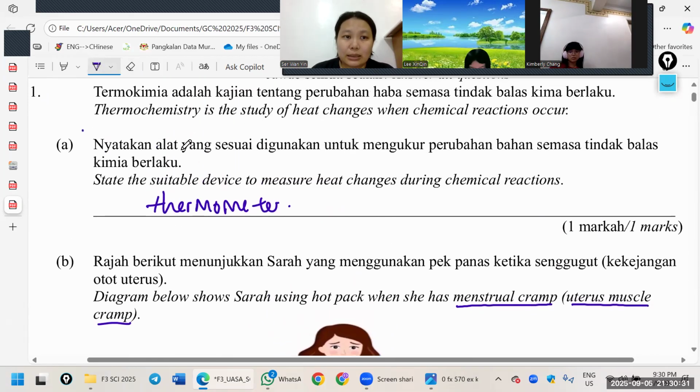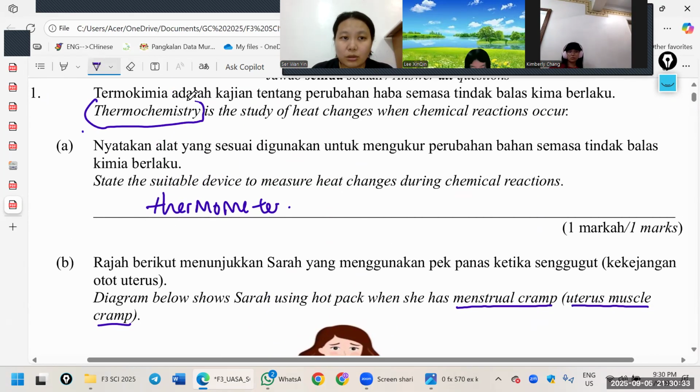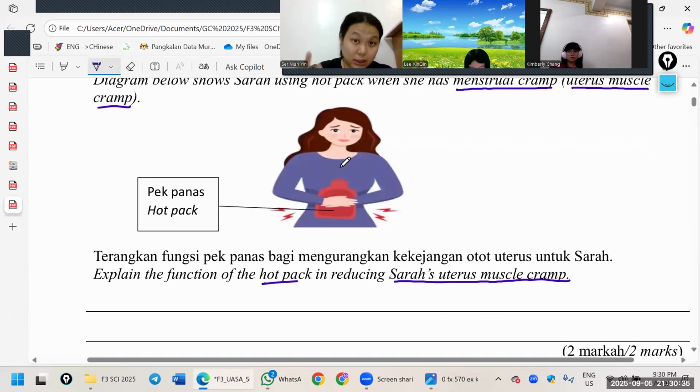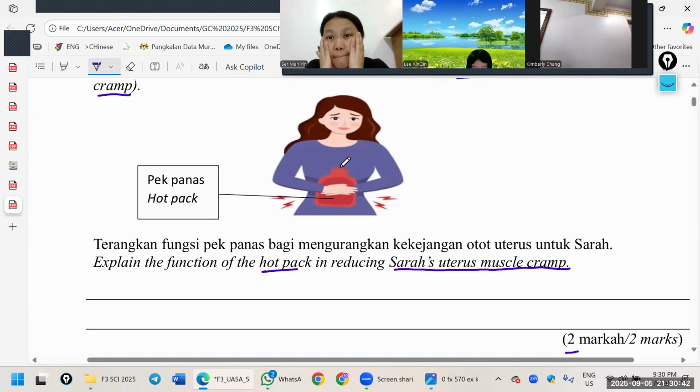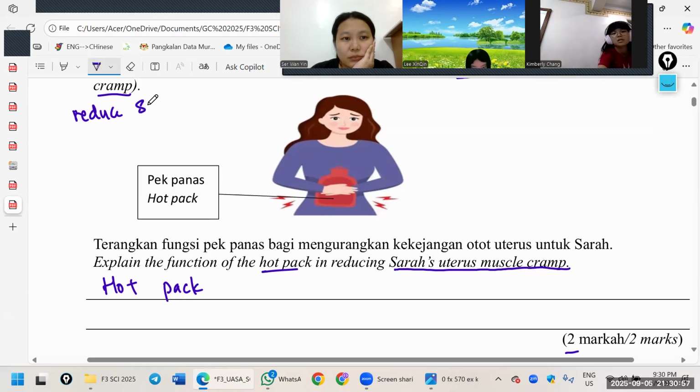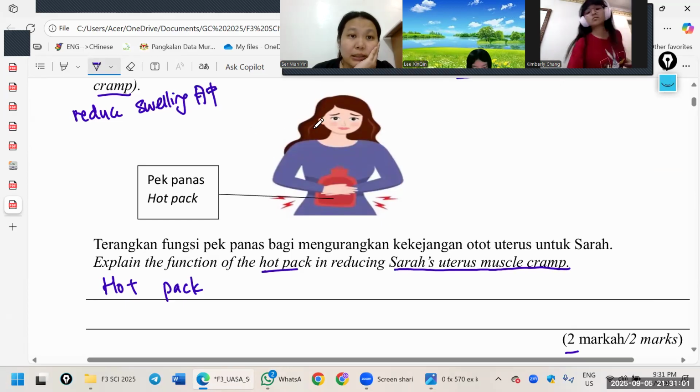Since they say thermochemistry, anyone? Hot pack can reduce the swelling. Swelling means it puffs up. Yes, it puffs up.